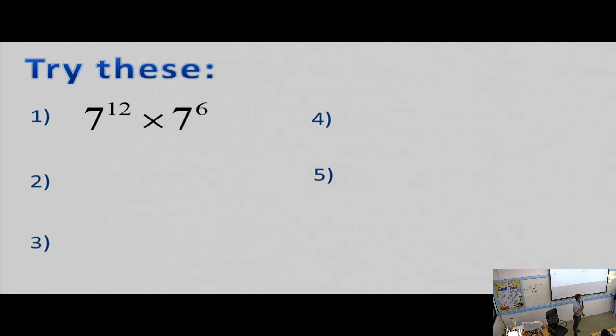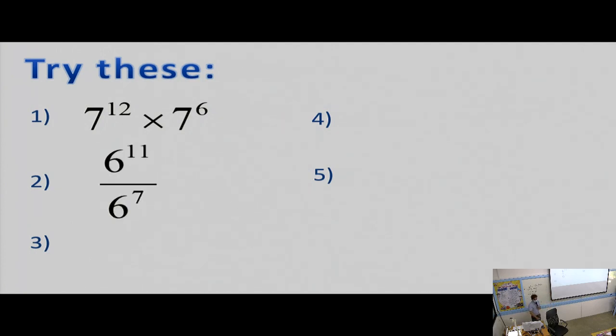What's the answer? 7 to the power of 18. Very good. Sit down.